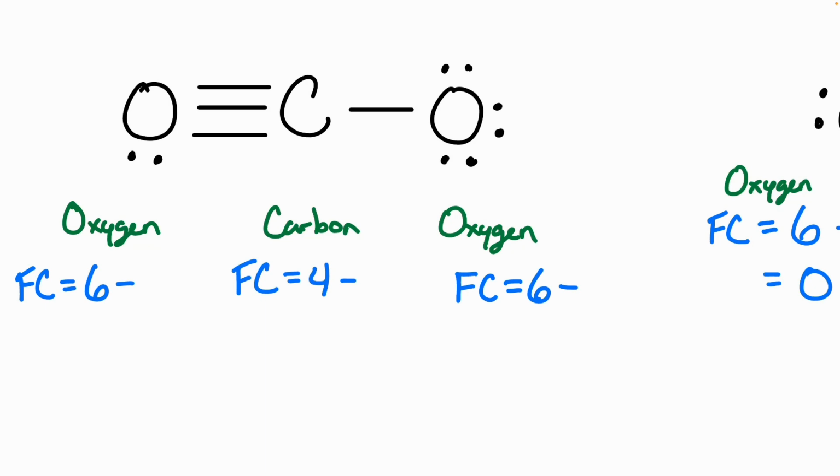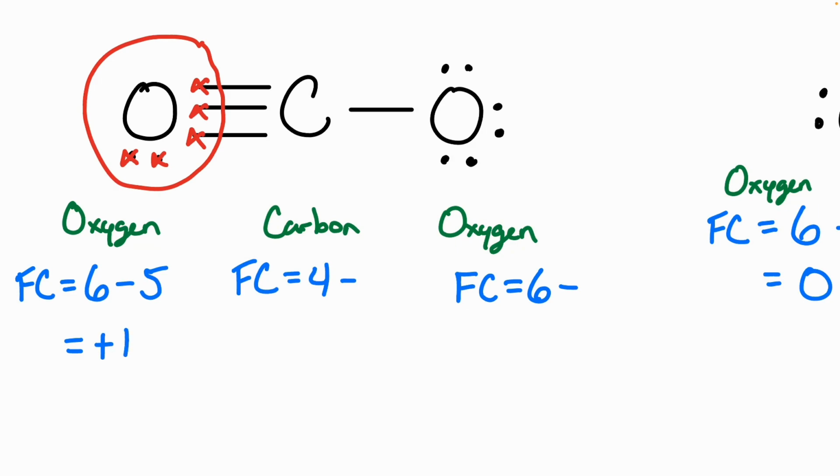All right, so if we look at this first oxygen, how many electrons do we have in this circle here? 1, 2, 3, 4, 5. So this oxygen would have a formal charge of +1.